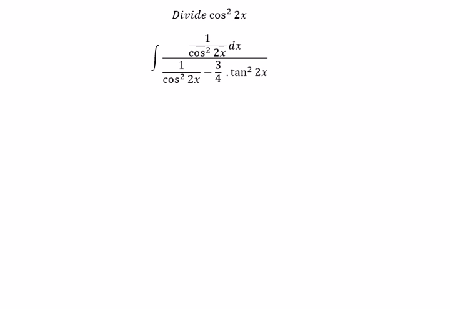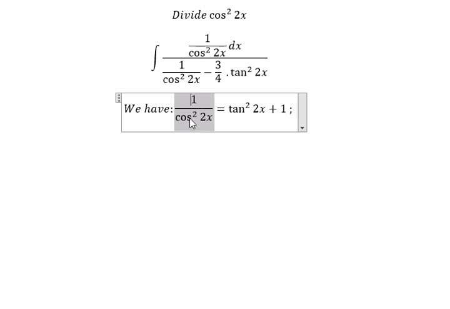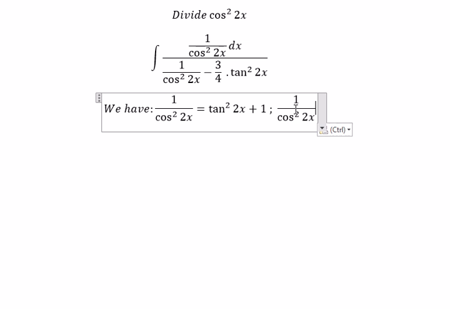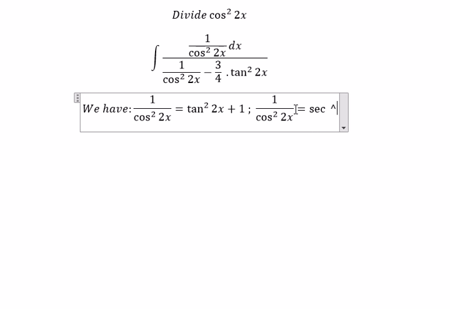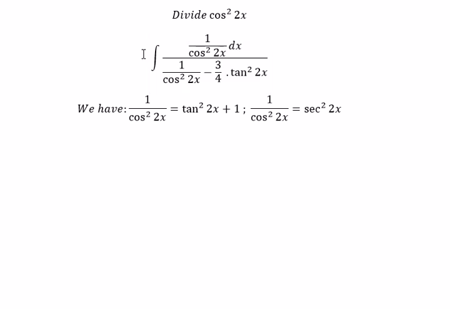We have 1 over cosine 2s square. You get tan 2s square plus 1, and 1 over cosine 2s square we get secant of 2s square. We will apply two formulas in here.